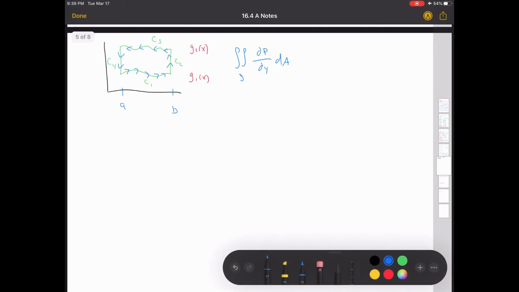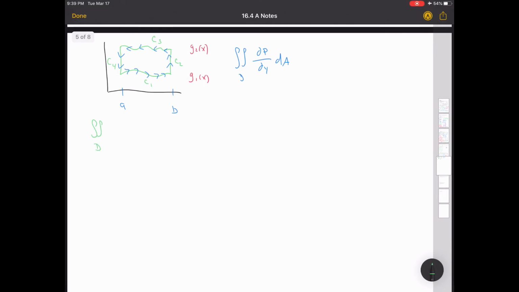So the double integral over D of dP/dy dA is going to be a double integral.